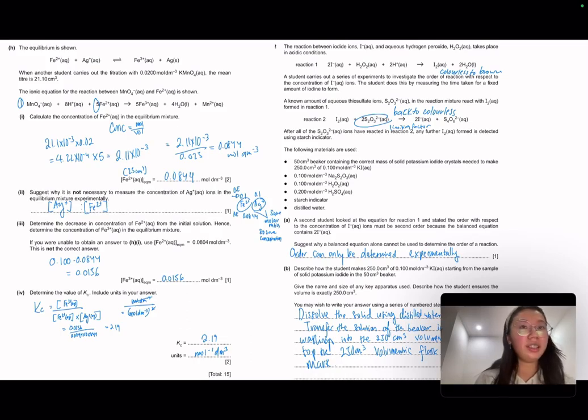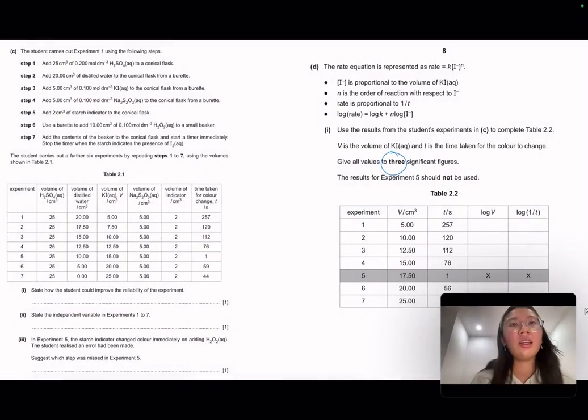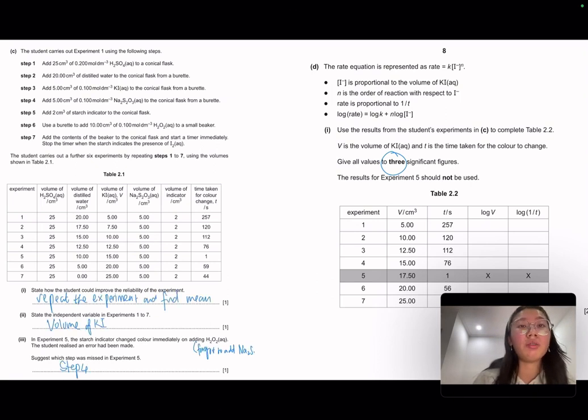Alright, next part. The student carries out experiment 1 using the following steps. Add 25 cm³ of 0.2 mol of H2SO4 into a conical flask. Add 20 cm³ of distilled water into a conical flask from a burette. Add 5 cm³ of your 0.1 mol of KI.